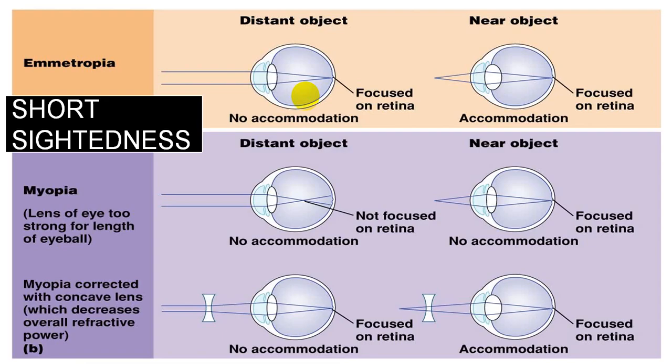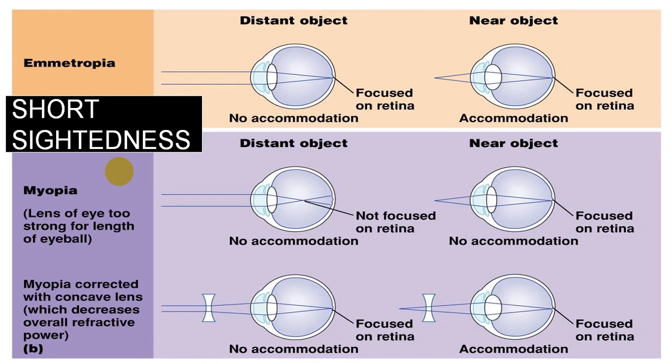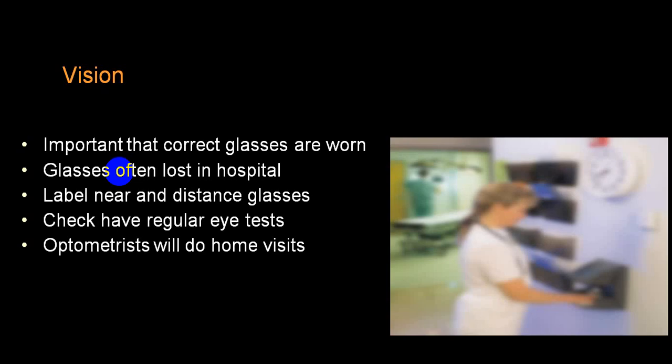So these are the other terms. You should be aware of it. So emmetropia is short sight, and long sight will be hyperopia, or you can call that emmetropia. So this will be there.